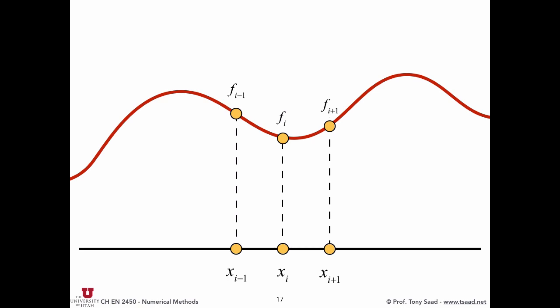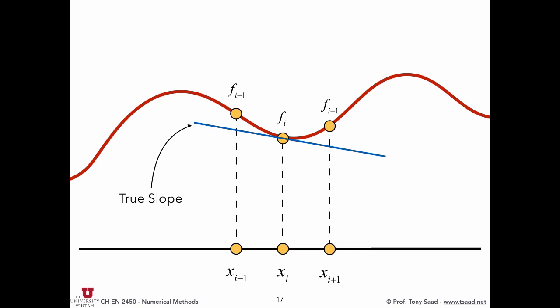So if you take these data and assume you know the true derivative, the true slope would look like this, right? At point i, this would be the true slope. The slope is tangent to the curve at point i, correct? Okay. So what did we do when we did the forward difference formula?